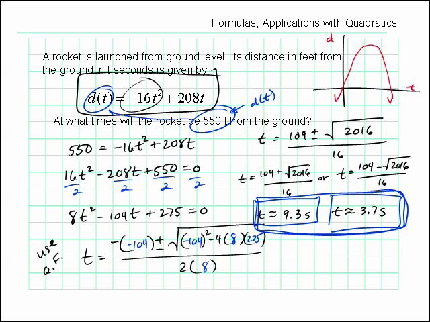If this is 550 feet, then the rocket on its way up hits 550 feet at 3.7 seconds, but then on its way down it will also reach 550 feet again, and that must happen at the 9.3 seconds. And so we do have 2 answers to our problem. Both of them are correct. And that ends our lesson here on applications.